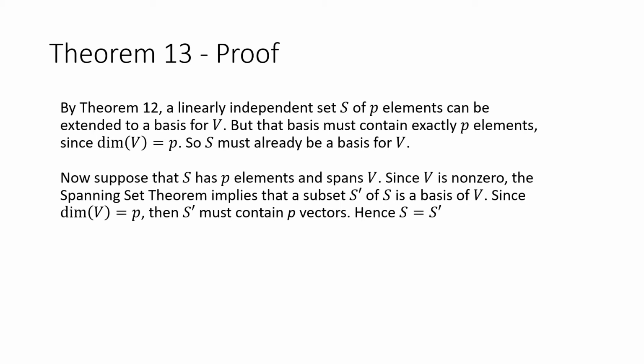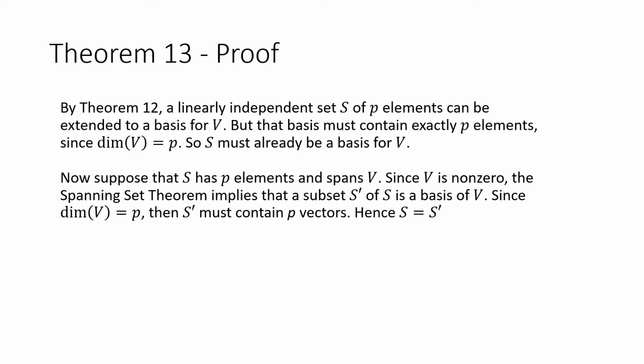So why is this? Well, let's say we have a linearly independent set of p elements. From the theorem we just saw, if it doesn't span, you can just keep adding more elements in. But we know that a basis has to have exactly p elements.